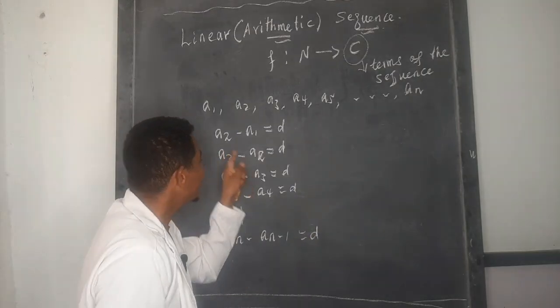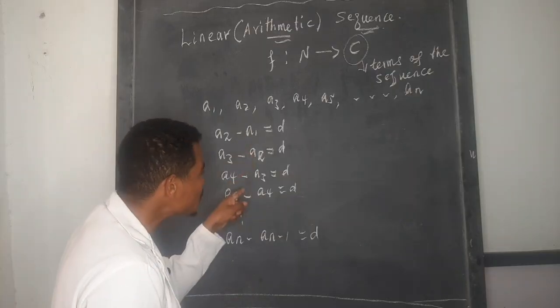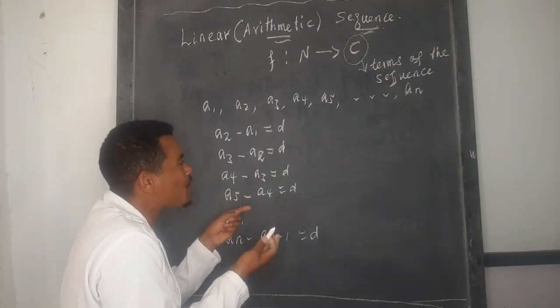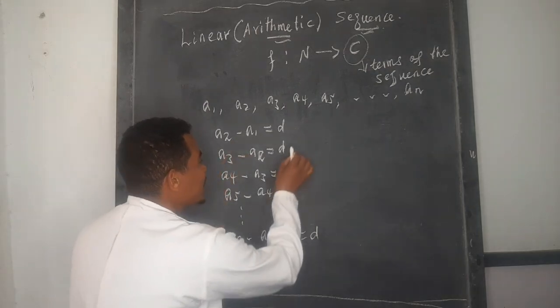If so, it is called an arithmetic sequence. So from this, let's find the general formula for finding the nth term of the given sequence.